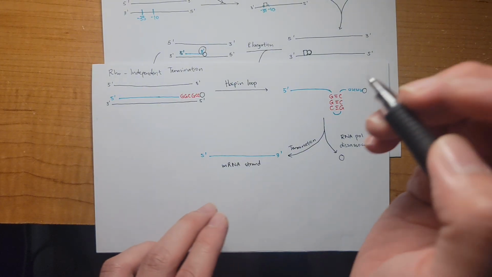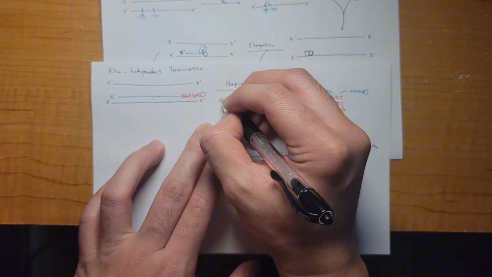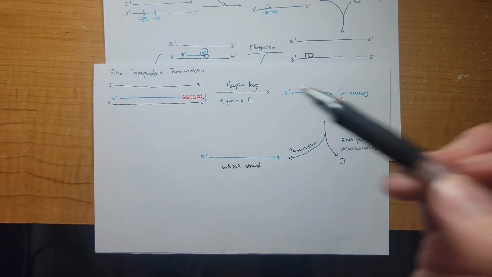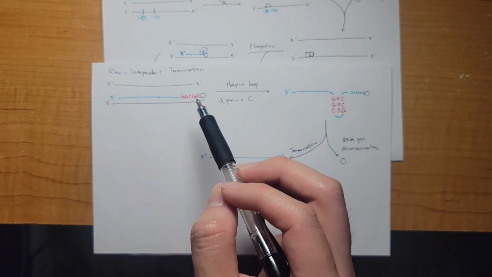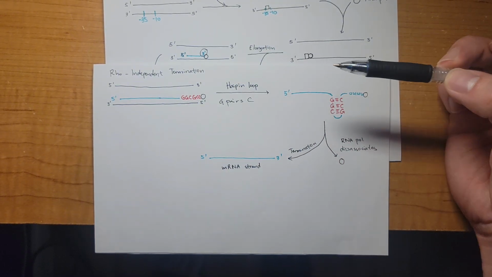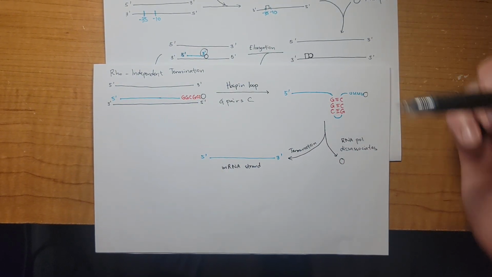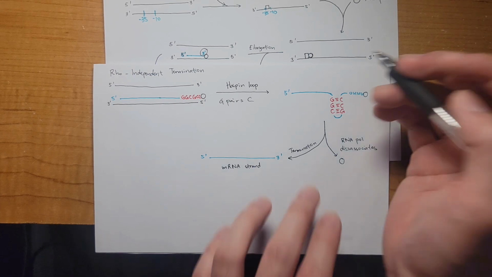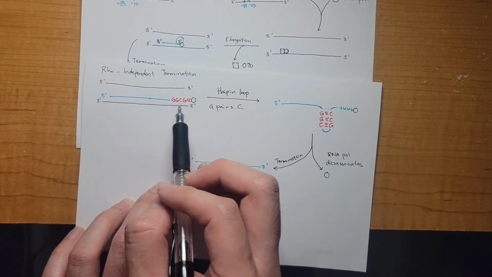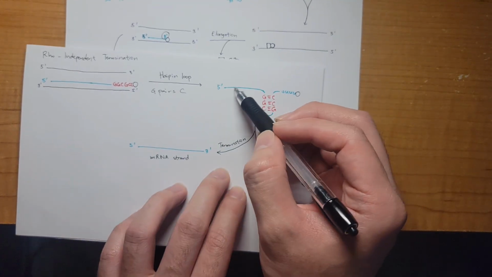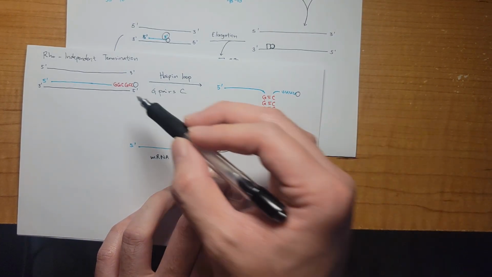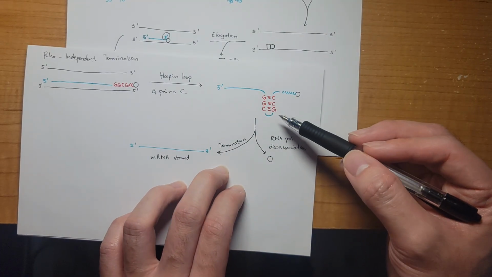Remember, G pairs with C. Within that RNA strand, those Gs and Cs might form a hairpin loop, because it looks like a hairpin. If you imagine this GGC, GCC, this is the RNA strand being made, and those Gs and Cs will pair up with each other.